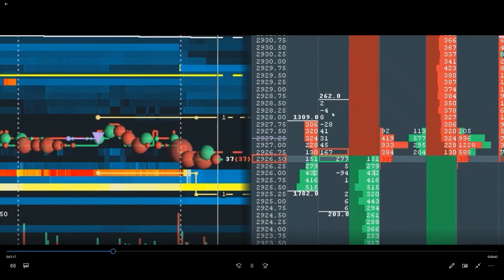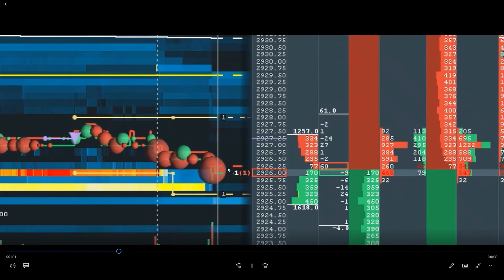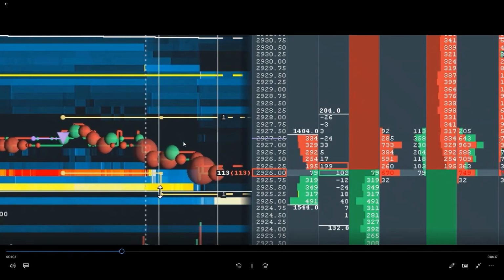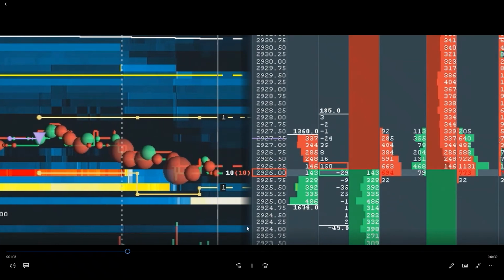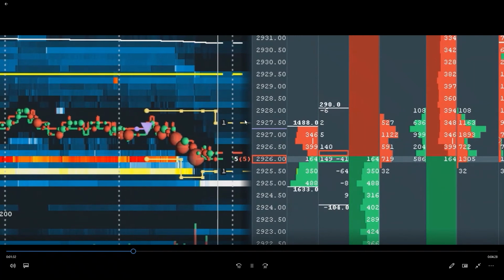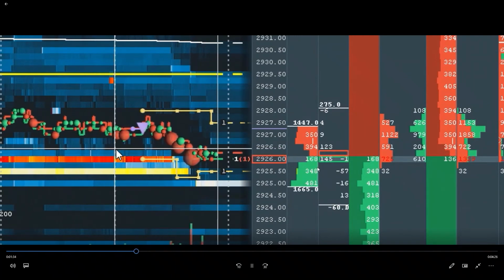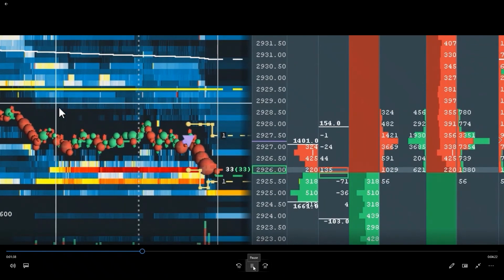You see those numbers stacking on the offer. There you go, they're pulling, and that's when you get your sweep. Okay, move the stop loss closer. There we go.